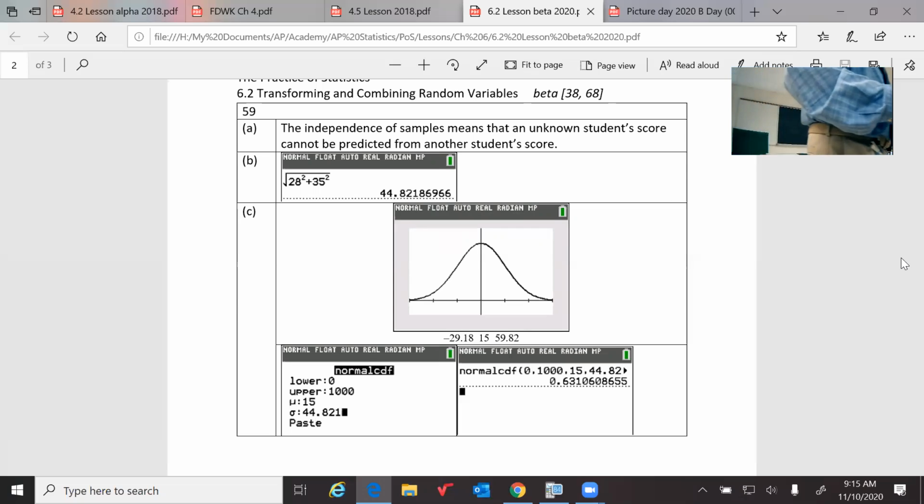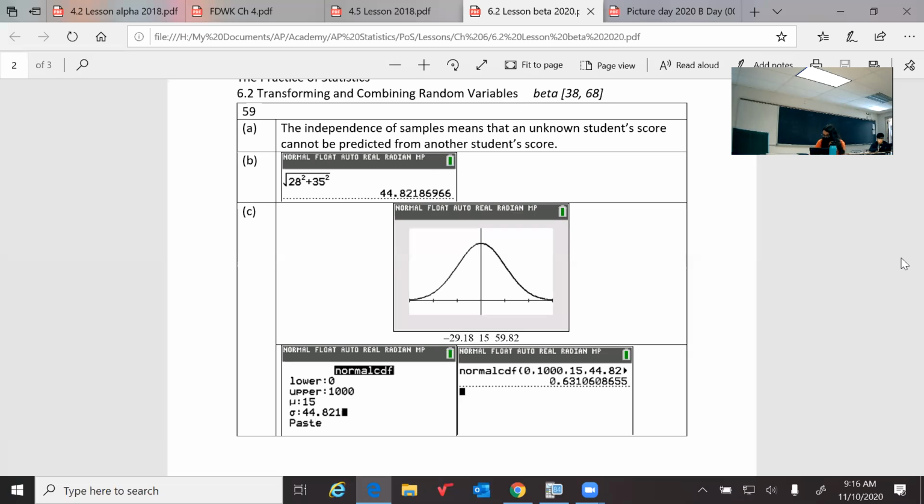Ready? So I said, here's the curve. Start at 0. Start here and go to the right. Well, that's why it's helpful to have the picture, because you can tell automatically this answer has to be above 50%. And the upper value, I just picked a large number, arbitrarily 1,000. I need you to do this.